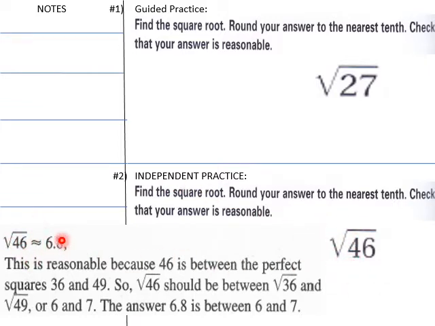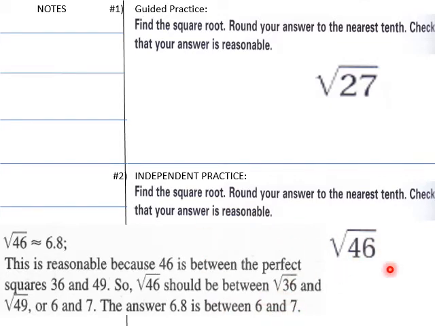The square root of 46 equals approximately 6.8 because 46 is between the perfect squares 36 and 49. It's closer to 49 than it is to 36. So 6.8 is definitely between 6 and 7, closer to 7 than to 6.